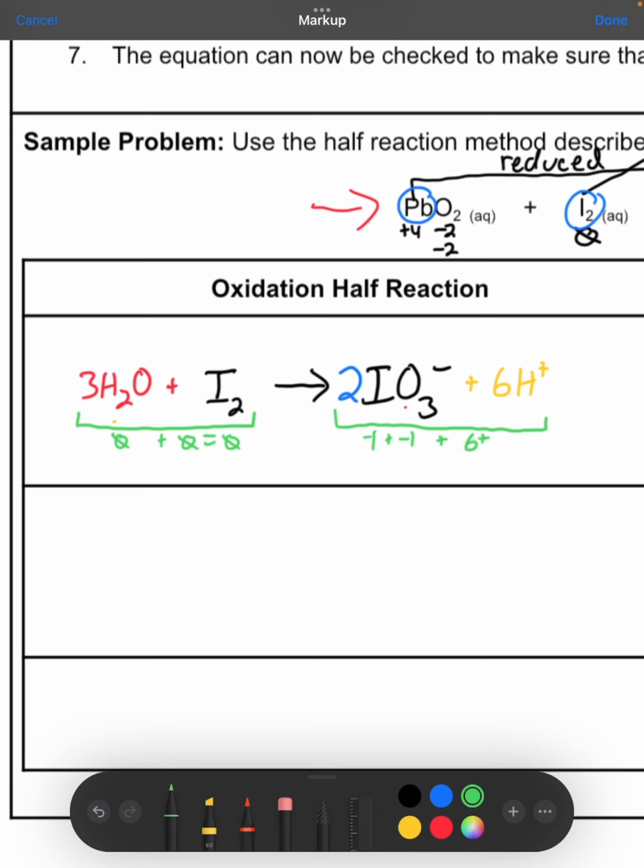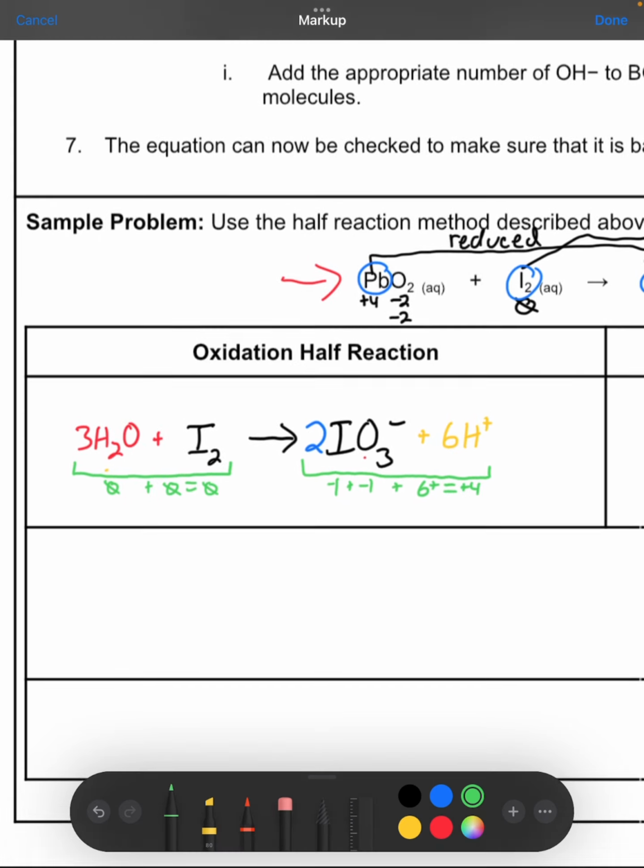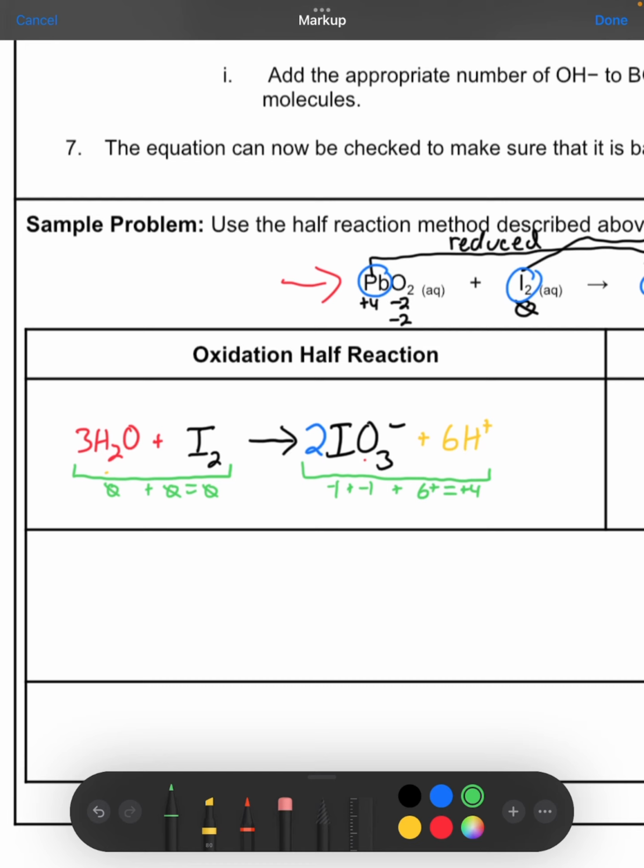So I am going to add 6 positives onto that. -1 plus -1 plus a +6 is going to give me a +4 overall on the right-hand side of that equation. So to fix this, to fix that discrepancy between our charges on our left and right hand side, I have to add electrons to make those charges equal one another.